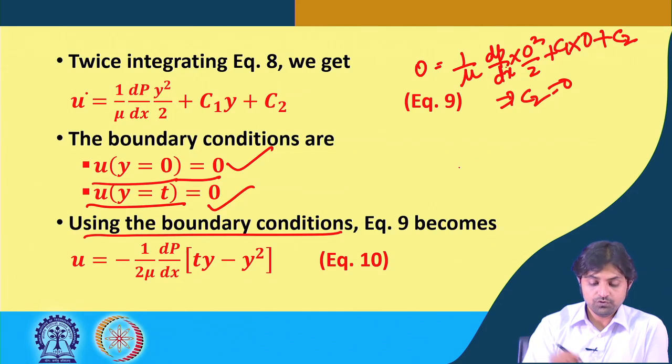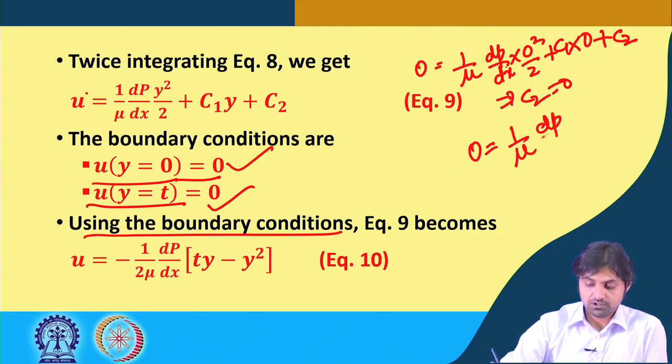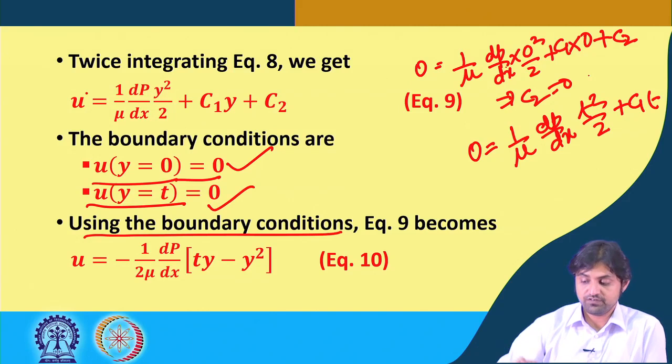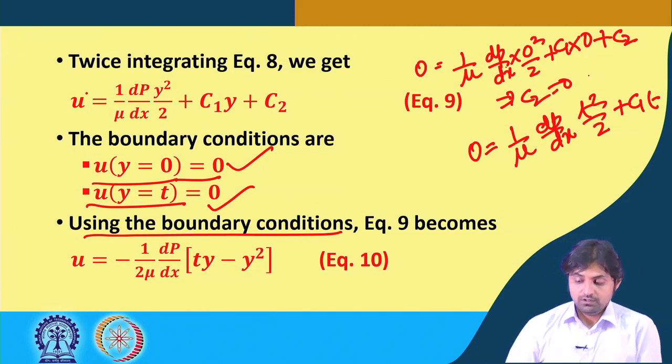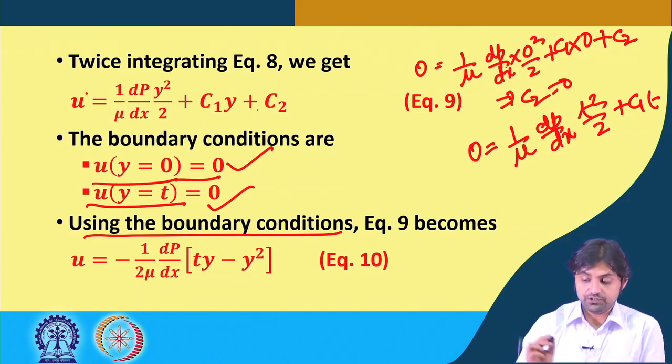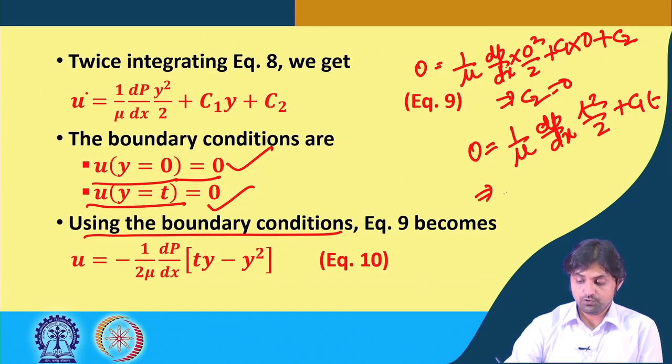And if you do u at y is equal to t, u at y equal to t is also 0. So, 1 by mu dP/dx, and y here is t, so t square by 2 plus C1 t, because we already found out C2 is 0. This is how you will obtain C1.